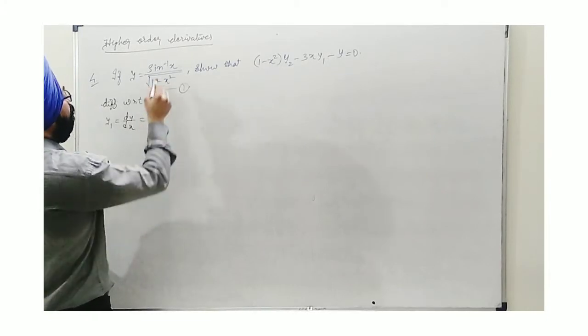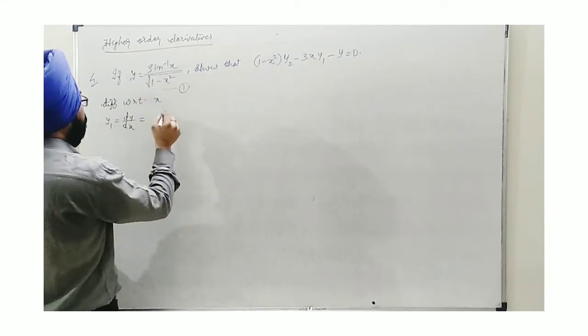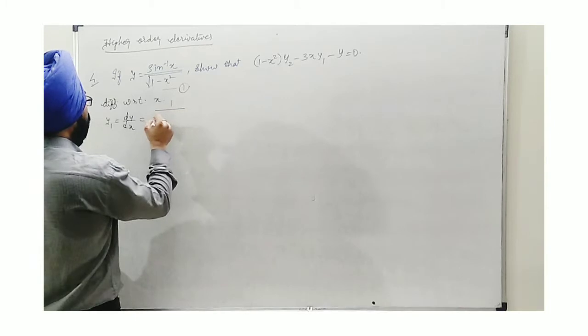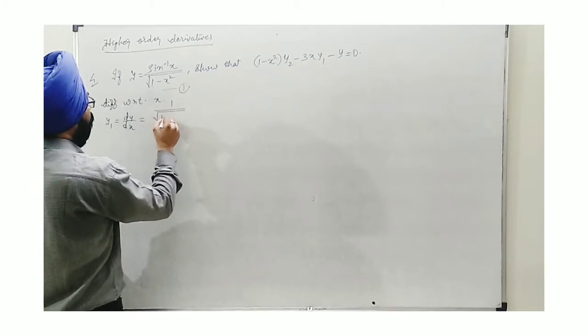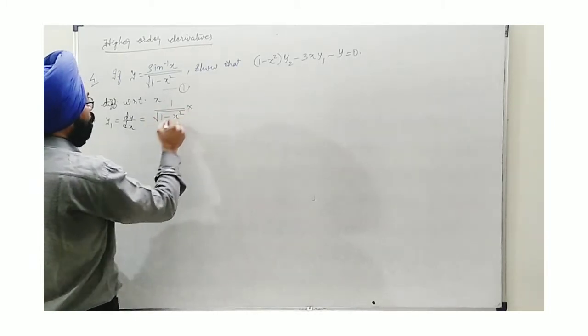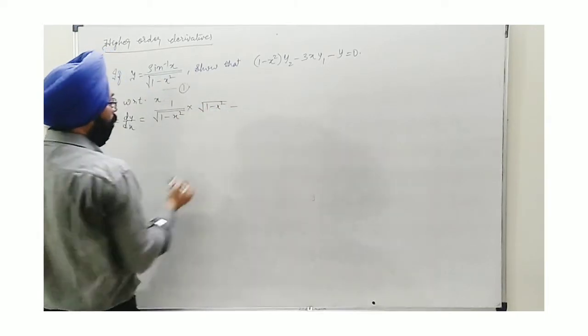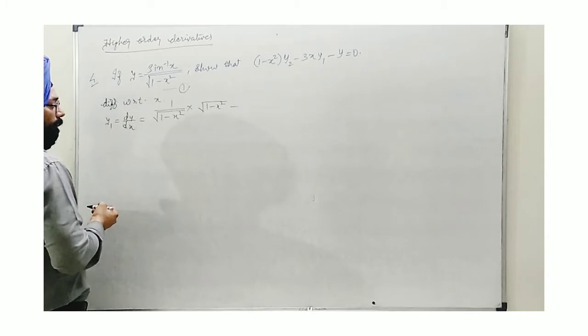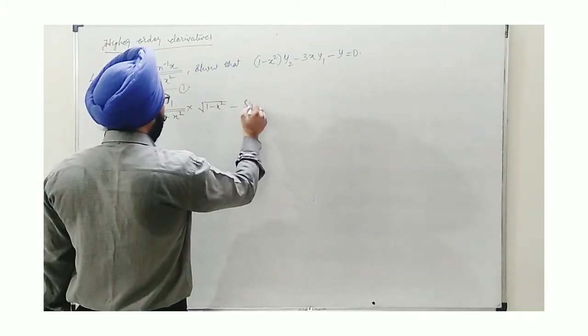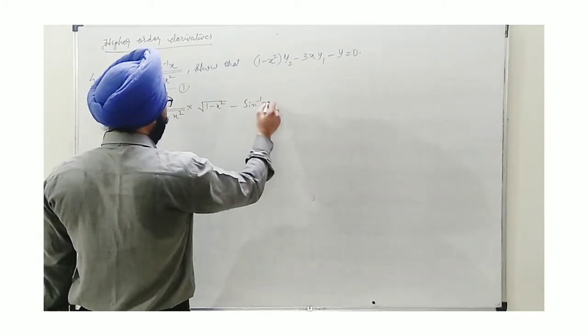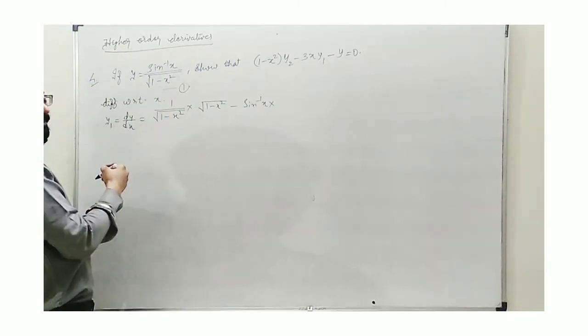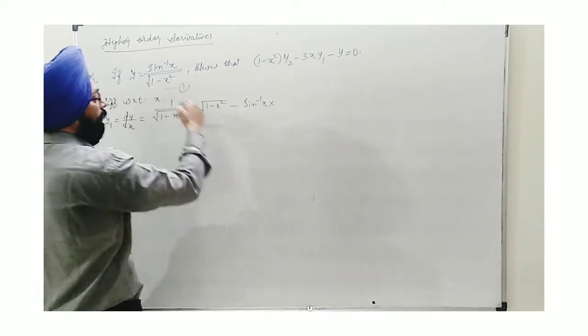So first of all, numerator is differentiated. It is 1 upon under root 1 minus x square into denominator as it is, root 1 minus x square, minus sin inverse x as it is the numerator, and now we need to differentiate the denominator, which is root 1 minus x square.